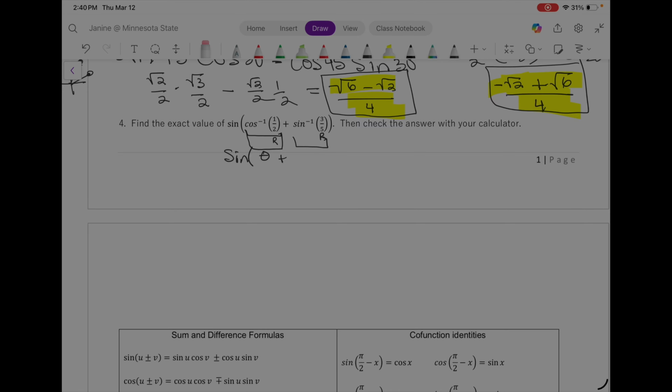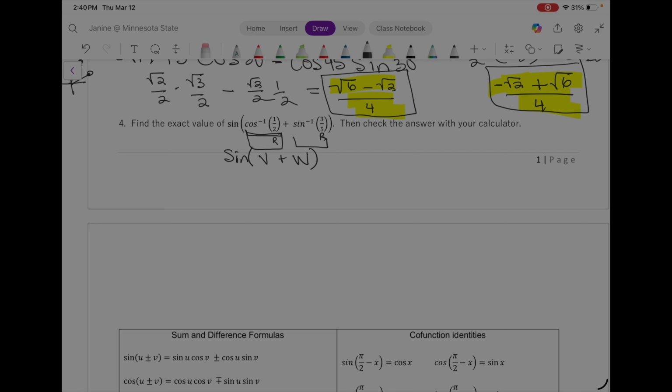This inverse would output, let's say, angle V. This inverse will output angle, let's say, W. So we have these angles, and we need to find this value. The cool part is we don't actually have to know the angles to answer this.